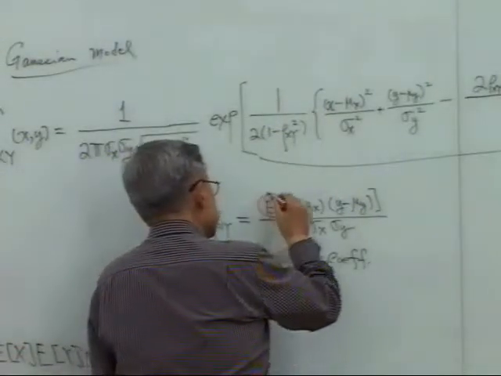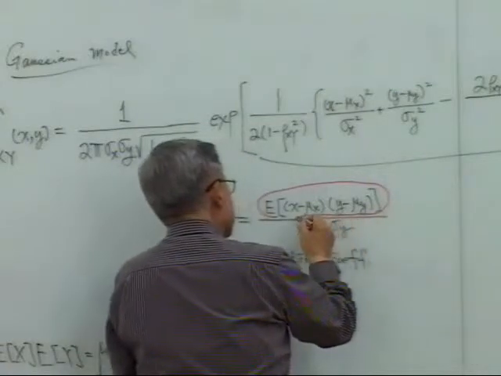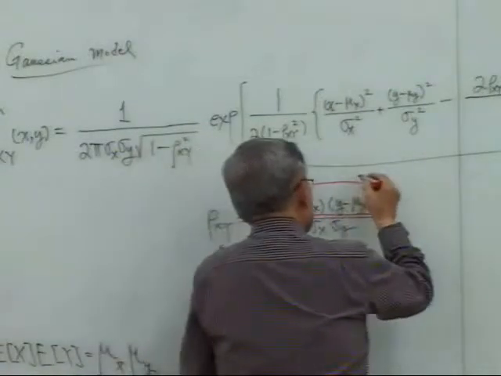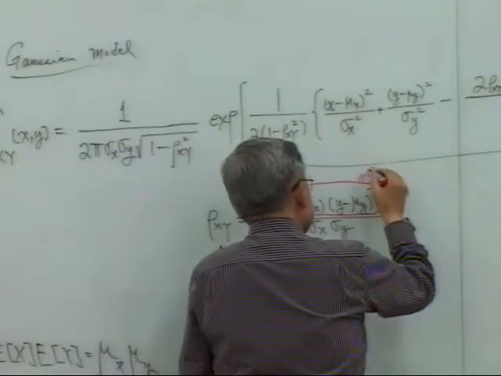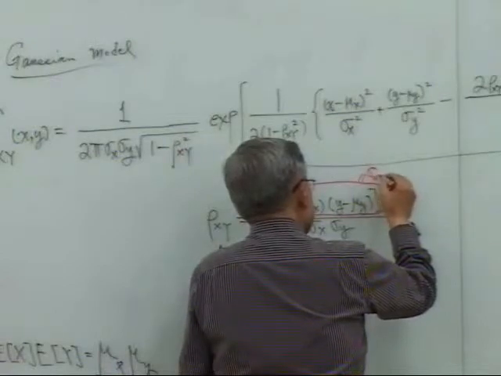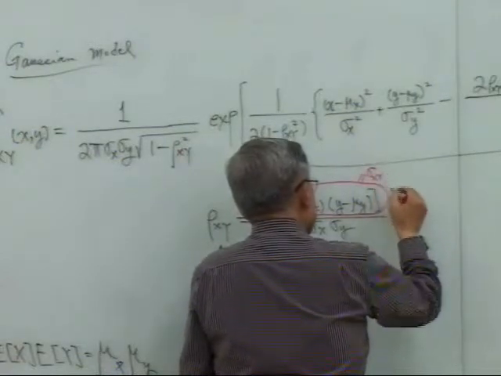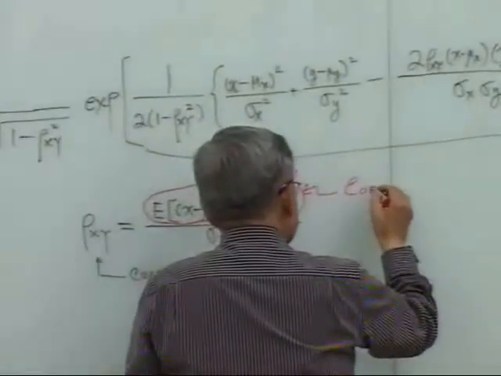So this item is called sigma xy, which is called covariance.